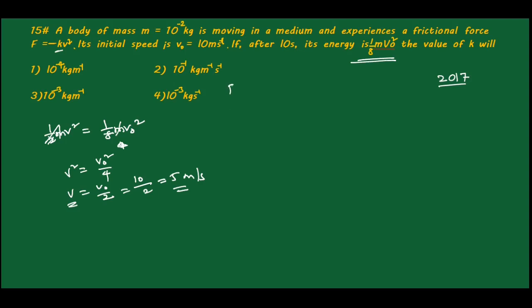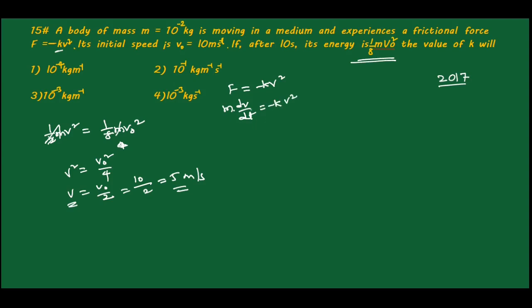Now find out what is given. F is equal to minus k v square. F is equal to mass into acceleration, and acceleration we can change into the rate of change of velocity. That means m into dv by dt is equal to minus k v square.